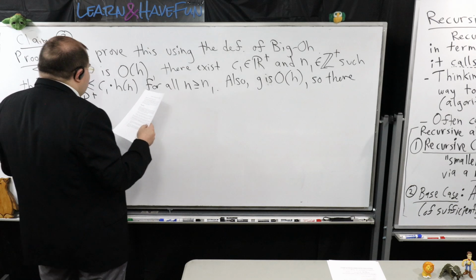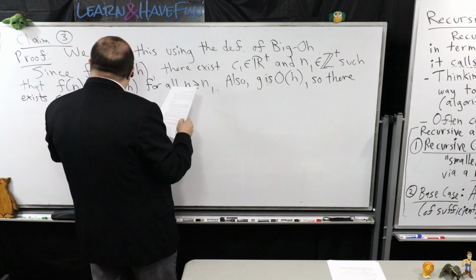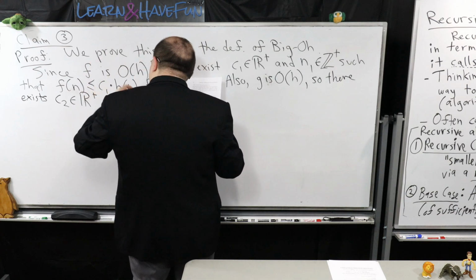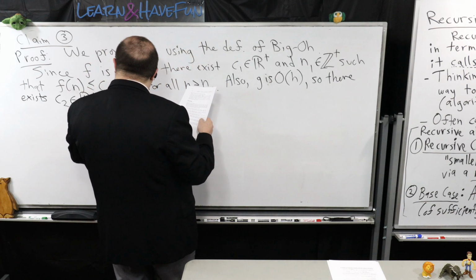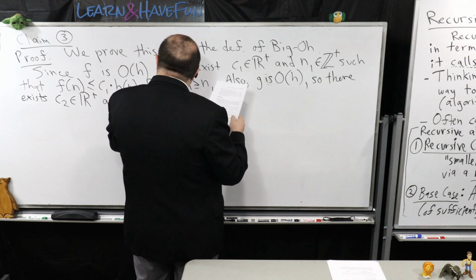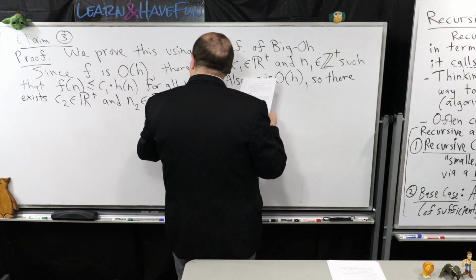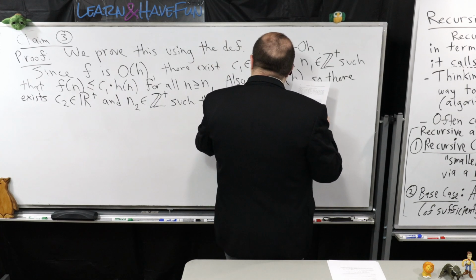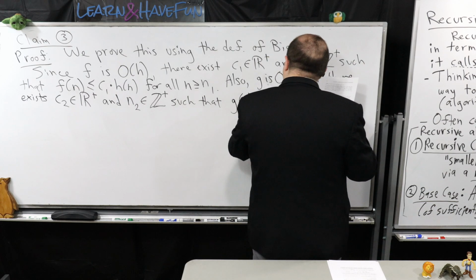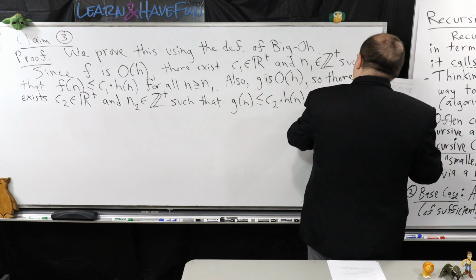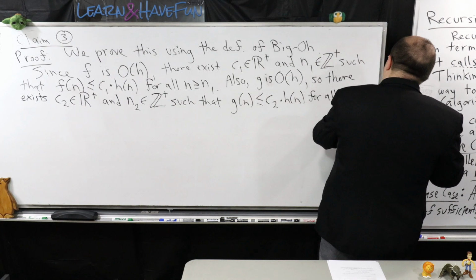Like I said, I'm giving them somewhat different names so I can combine them in a special way to make C and N0, as in our definition of big O. I have C2 and N2. N2 is going to be a positive integer, such that G of n is less than or equal to C2 times H of n for all n greater or equal to N2.